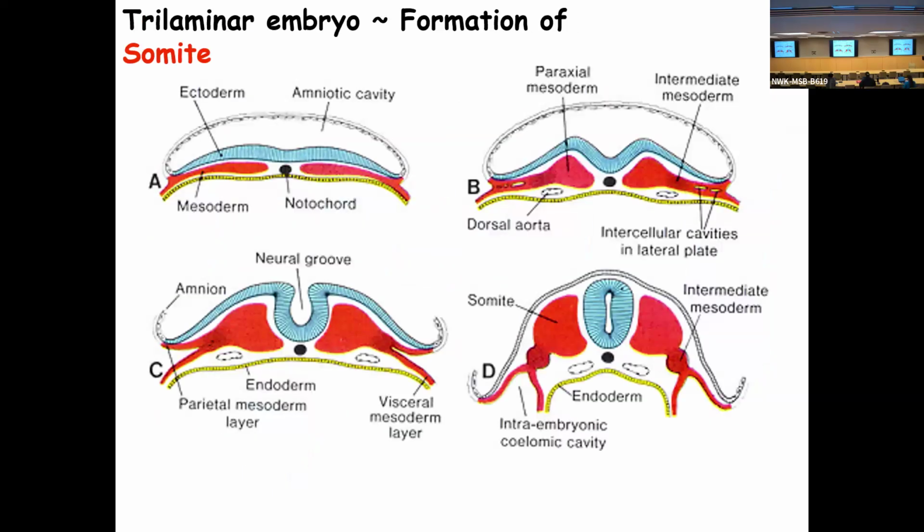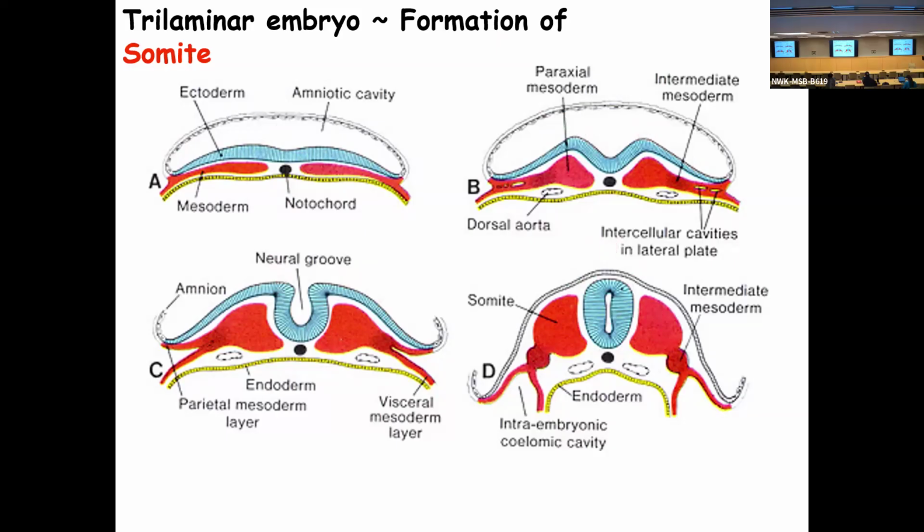Okay, so this is another view in which you can appreciate the ectoderm here with the amnion and the amniotic cavity here, a new structure. It will disappear in the fetus, but it will play a crucial role during development, the amnion. This is the ectoderm that will form the folds, the neural folds, the neural groove, and the neural tube.